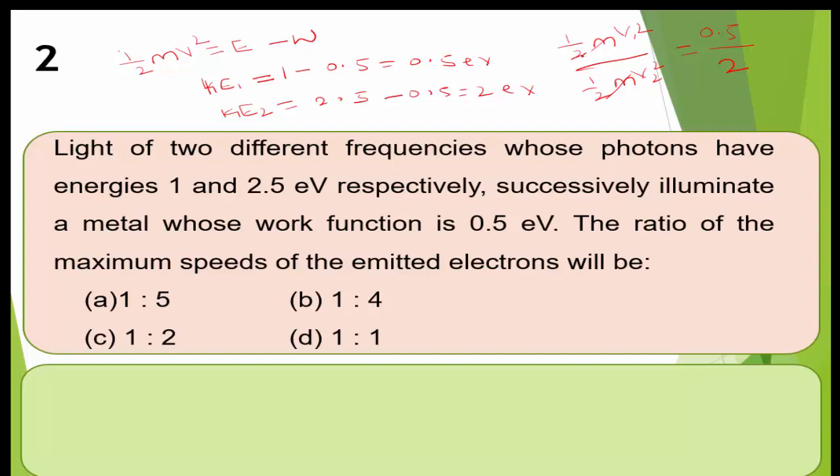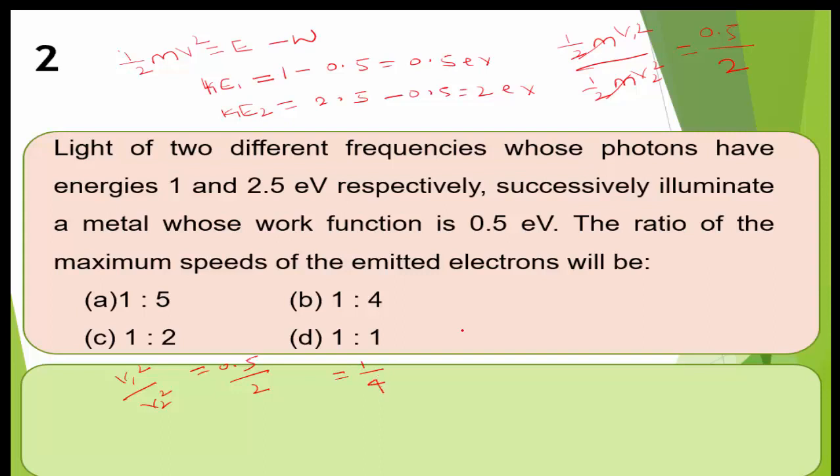The half and m get cancelled. Here you get v1 square divided by v2 square is equal to 0.5 divided by 2.